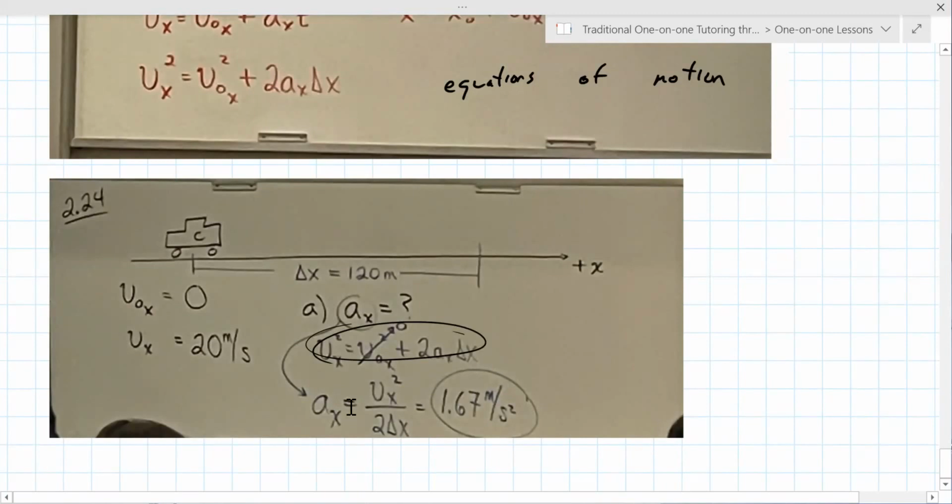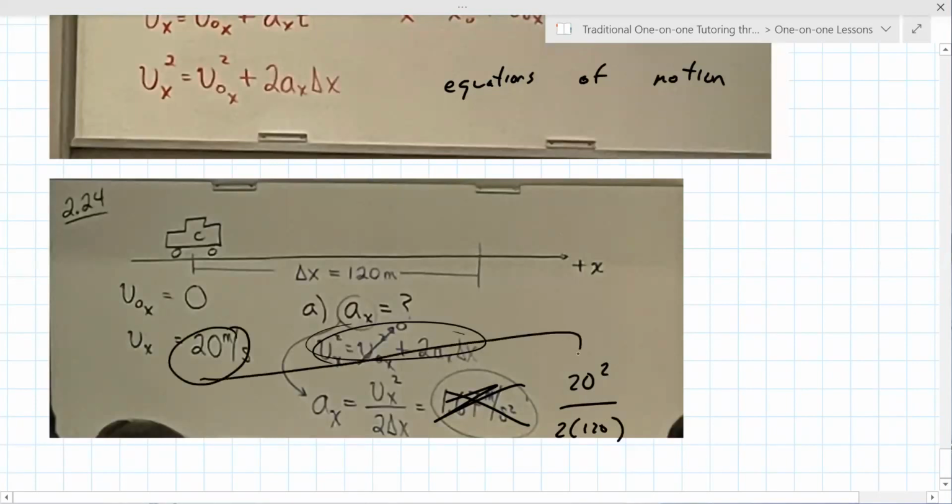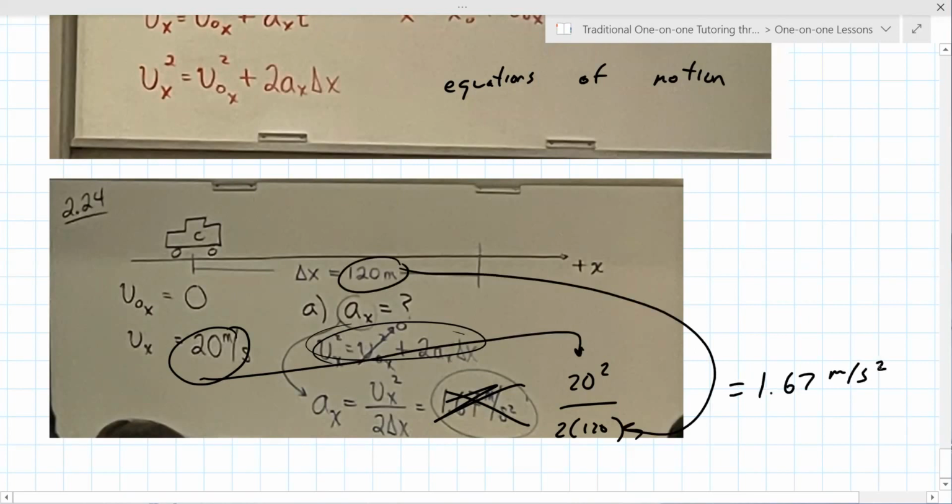And they're saying solve it for A, and then plug in the numbers. So your V is 20 squared over 2 times 120. And that equals 1.67 meters per second squared.